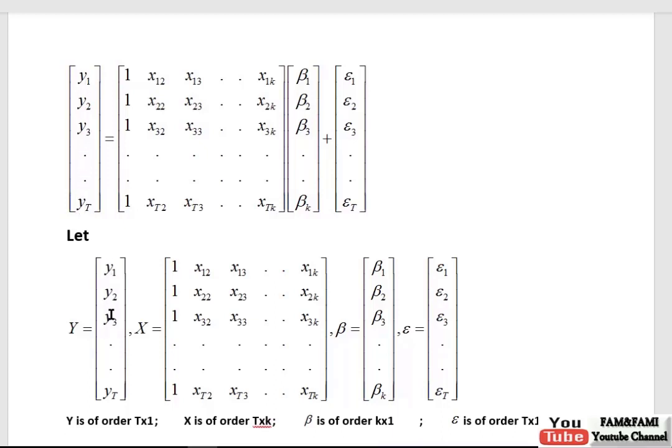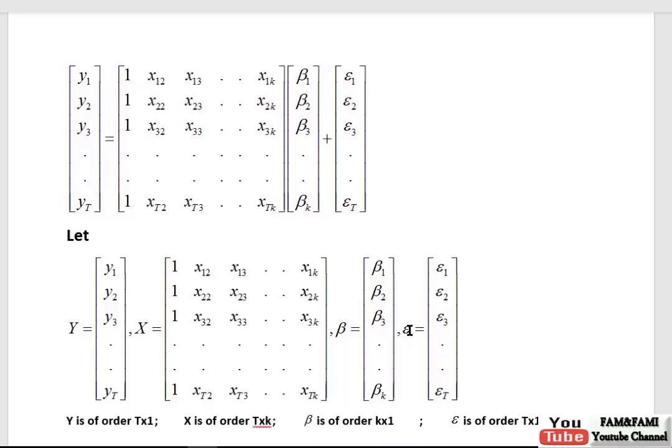So let's say that capital Y or big Y denotes this whole vector containing y values on the dependent variable, and let's say this matrix is denoted by capital X or big X, and this vector containing betas is denoted by big beta, and this vector of errors is denoted by epsilon or big epsilon.